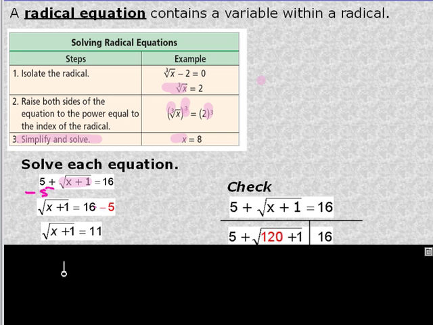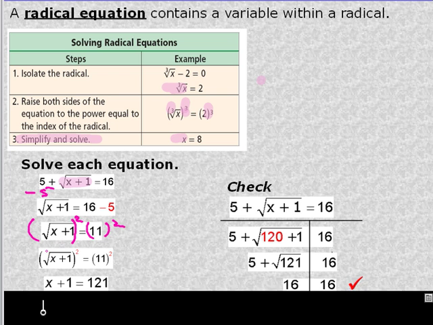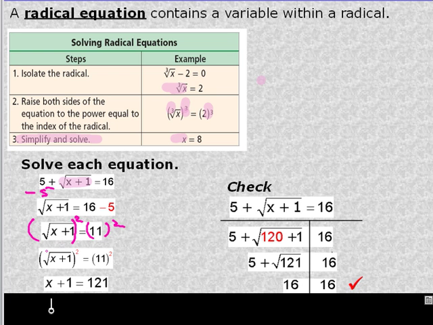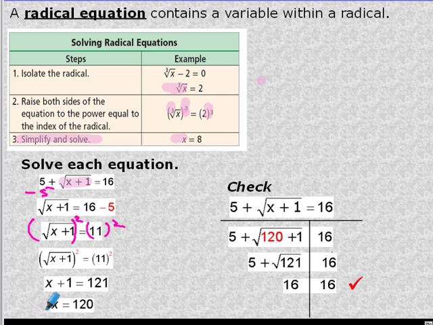And to undo the square, in this case the radical index is 2 because that's what it is by default, we're going to square both sides. The squaring undoes the square root, so we're left with whatever is underneath the radical sign, which is just x plus 1, and we're going to square the 11, which is 121, and then lastly we're going to simplify by subtracting 1 to get our solution.